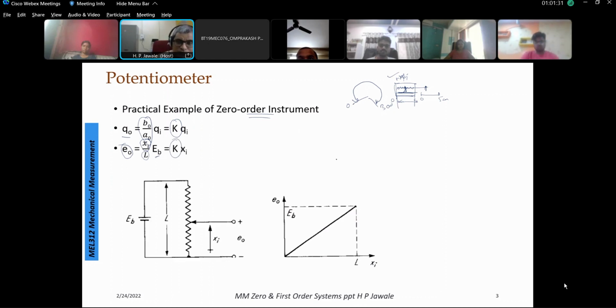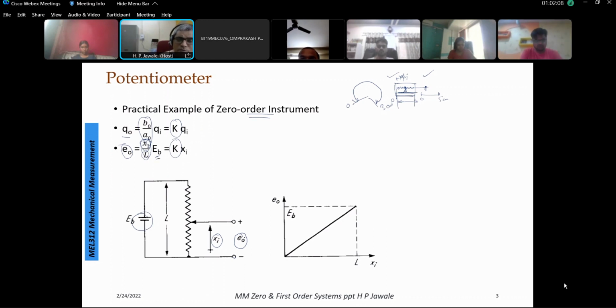See the example that I have shown here. EB is the EMF applied over the length L of the resistance wire, and this is the instantaneous position of the slider, at xi from the reference point. The output EMF will be proportional to the constant, xi over the total length. So if I know the value of K, at any position the output can be found out.